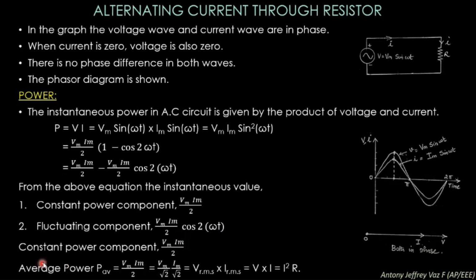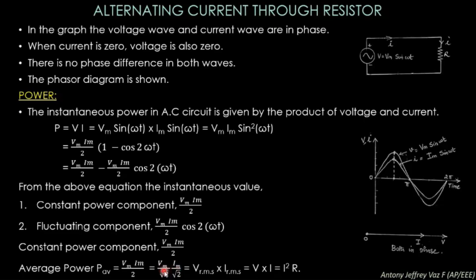So you can calculate the average power, P average, which will be equal to Vm Im by 2. Here we are taking root 2 into root 2, so Vm by root 2 times Im by root 2. This is nothing but the RMS values of the voltage and current waveform.